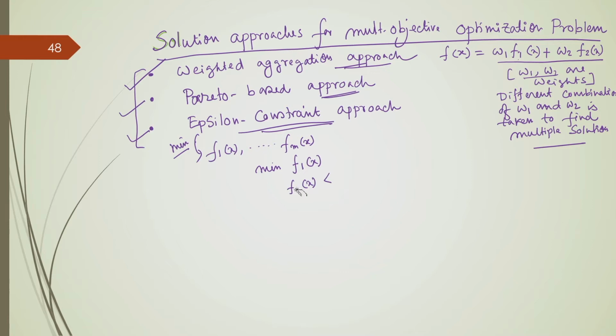Let us write it as fi(x) ≤ epsilon i, where epsilon i represents the constant for the ith objective function, and this value of epsilon i is suitably chosen, so that we get multiple solutions by varying different values of this epsilon. So, this is the epsilon constraint approach.